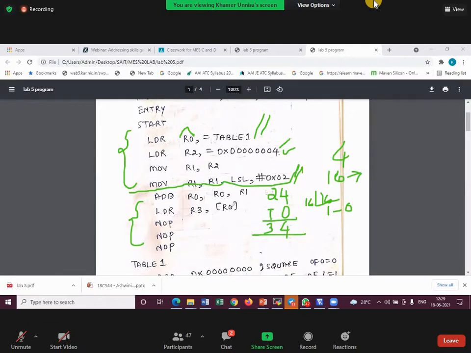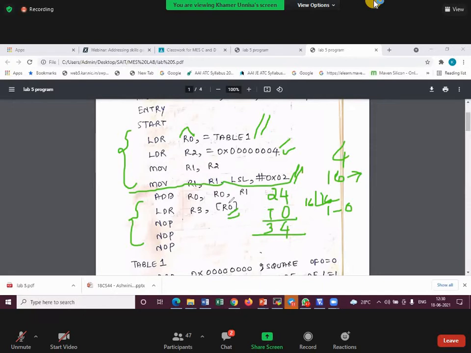So now we saw that after addition, I got the answer to be 34, and that 34 will be stored in the R0. So 24 plus 10 is actually what? 34. But now what is 34 actually? It is the address in which my answer is present. So only I have, in my next instruction, written here R0 in the square brackets.